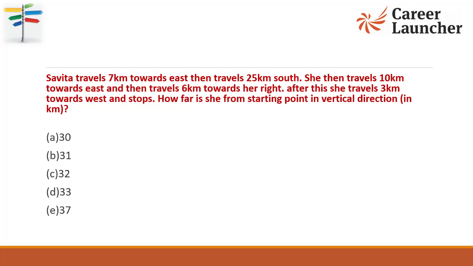Savita travels 7 kilometers towards east. Let's plot this one. Let's say this is her starting point A. Then she travels 25 kilometers south, so she goes down 25. She then travels 10 kilometers towards east.